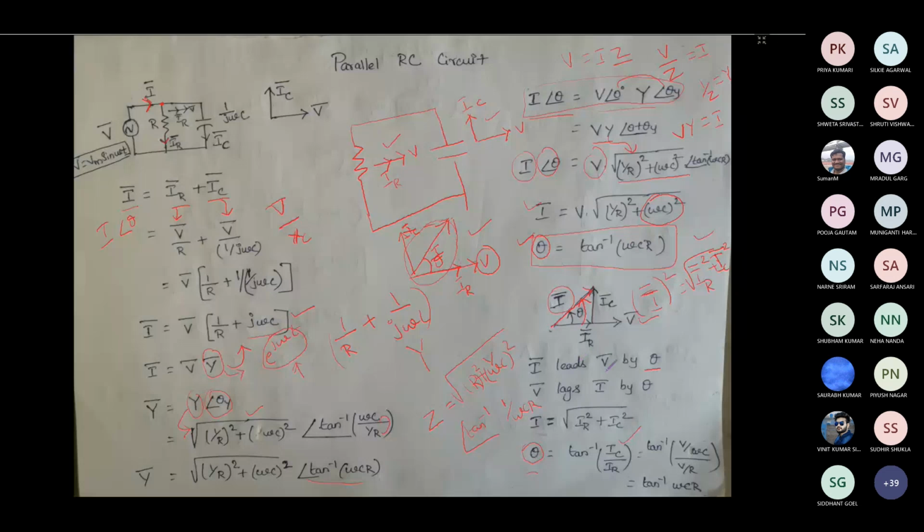In that case, if IC current and IR current are given directly, you can use this formula to find theta. Similarly, if the voltage is given, you can find it using a similar formula. But here the voltage is the same for all the elements.